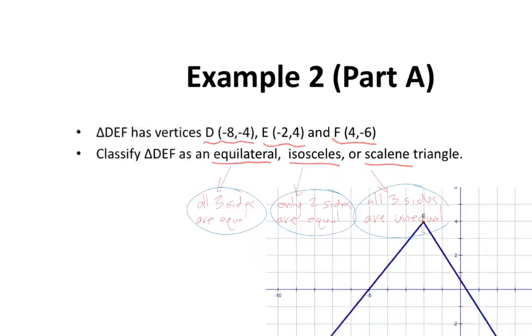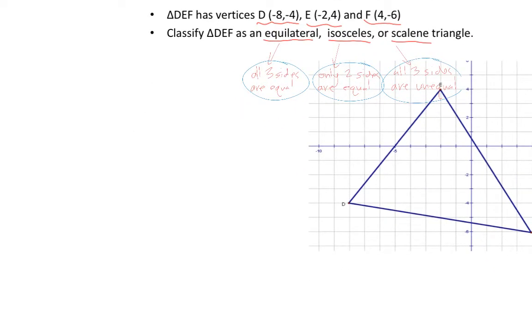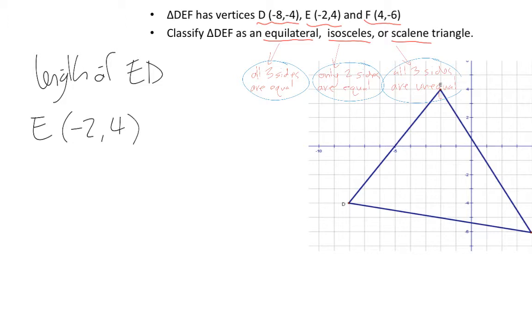Let's go ahead and start figuring out the lengths of each of these sides. I'm going to start with the length of ED. To make life easier for yourself, I would highly suggest you label the coordinates of both E and D. And I'm going to show you what I mean in 1 second.